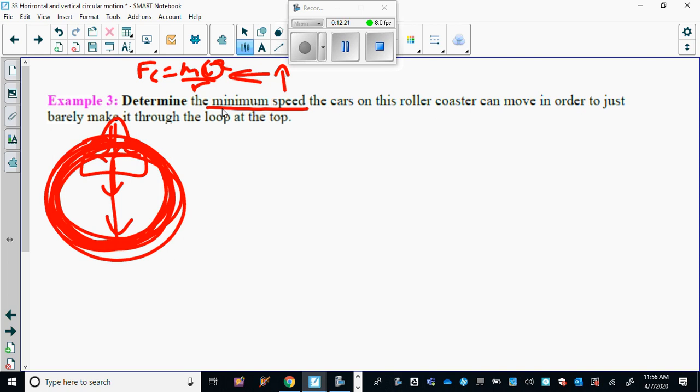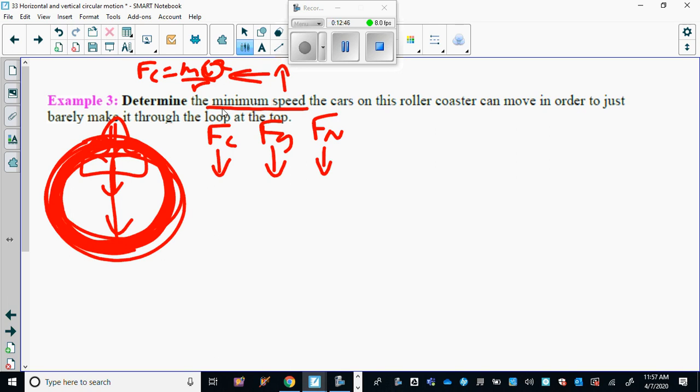Same problem as before. We've got FC going down, FG going down, FN going down. But you have to ask yourself, if I keep slowing down, as I said, I feel less and less FN, right? The track is pushing me down to the center of the circle less and less.